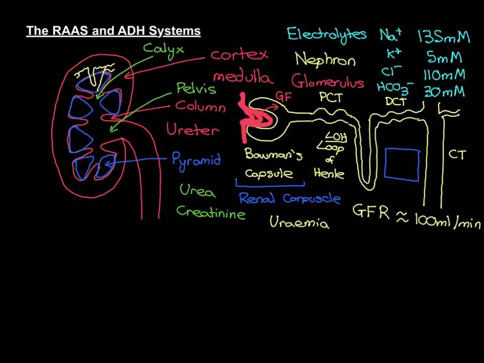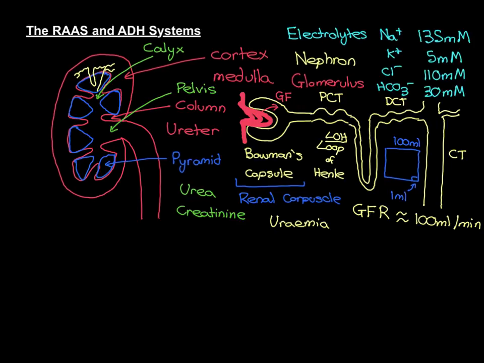So we're going to resorb all of those useful molecules. We're also going to resorb a huge amount of the fluid along with the electrolytes that are dissolved in it. And in total, we're going to resorb about 99% of it. So if this box represents the 100 milliliters that we're producing of glomerular filtrate every minute across all our nephrons, the amount that's actually going to make it into urine is about 1 milliliter, 1% of that.